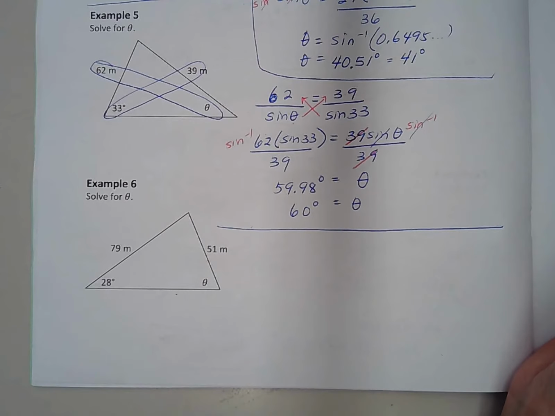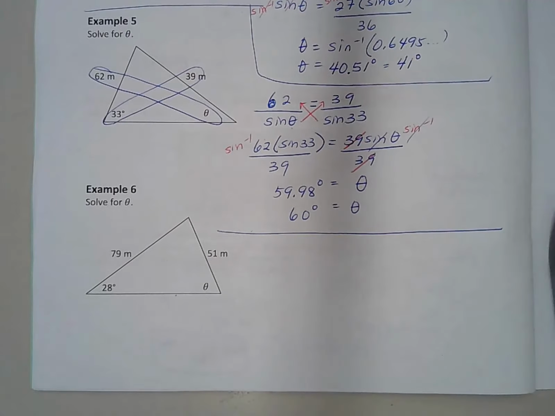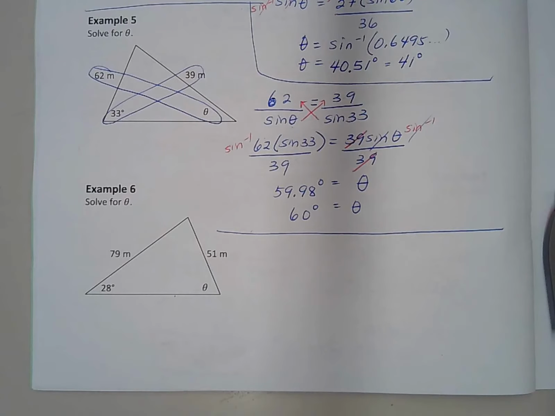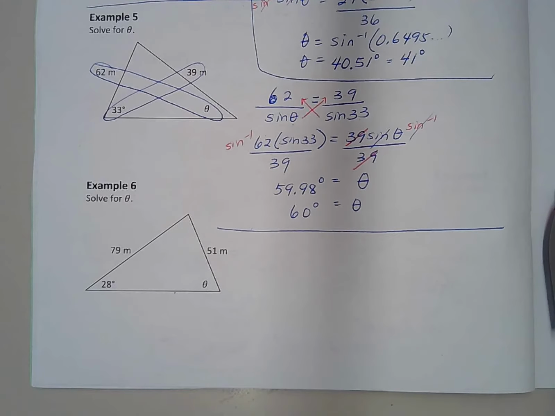Why don't you try it? I did the first one, 51. Type it in and show me how you did it, and then I'm going to figure it out. If you didn't get 60 degrees, if you didn't get 59.98, you have to let me know, because I don't know what's going on.